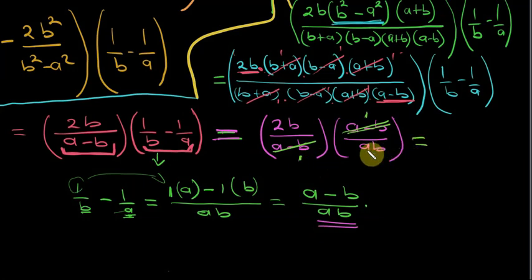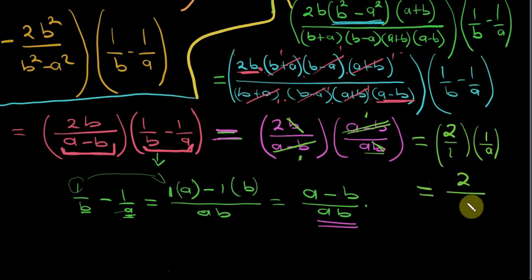Then we have ab here, and the b and this b cancel out. In the end we have 2 over 1 multiplied by 1 over a, which is 2 multiplied by 1, that is 2, and 1 multiplied by a, that is a. So the final answer is 2 over a.